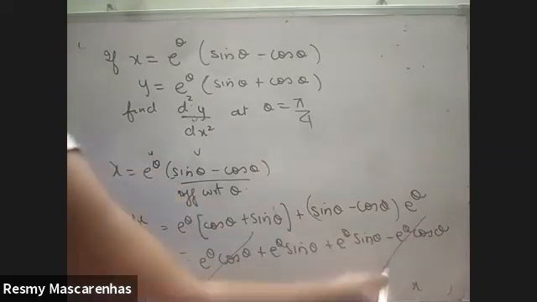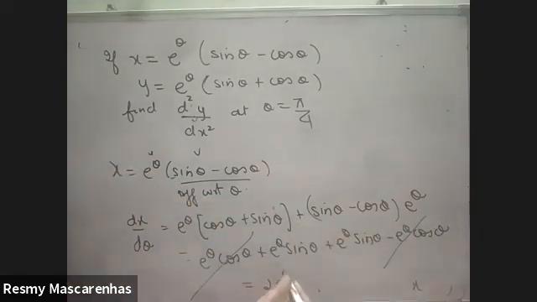This term will cancel. We'll get your answer as 2. Now same we find dy upon d theta.